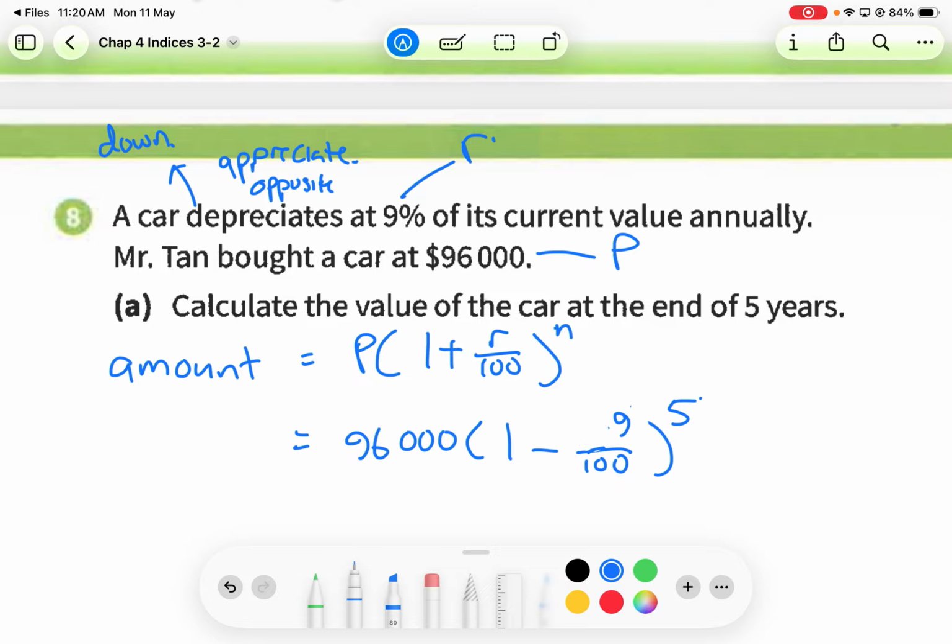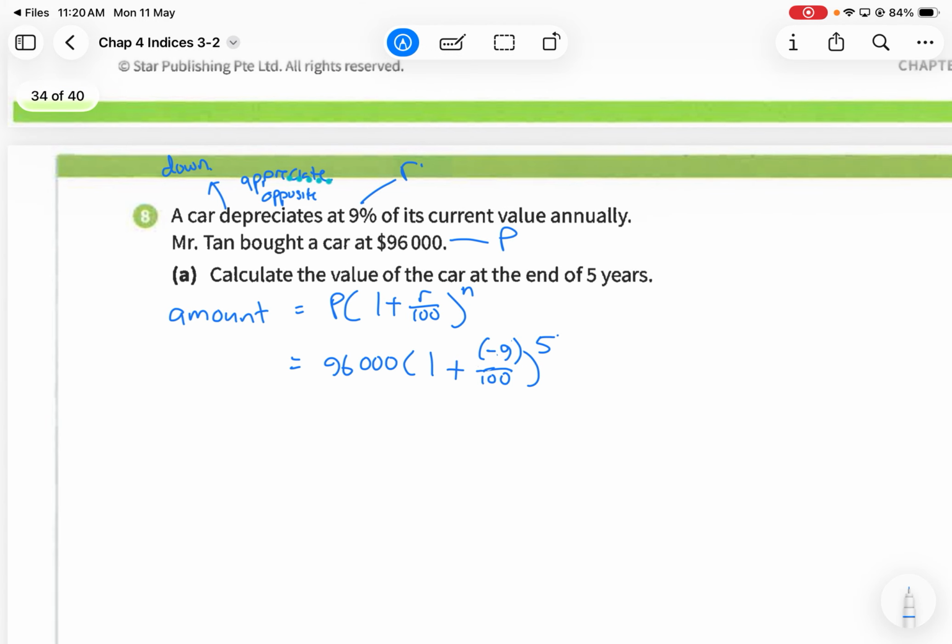Either way, see which one you're more comfortable with. Either 1 minus 9 over 100 or 1 plus negative 9 over 100. After that, press the calculator, you can get the answer already.